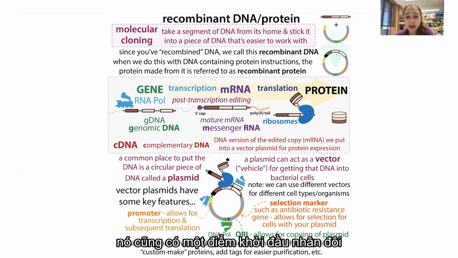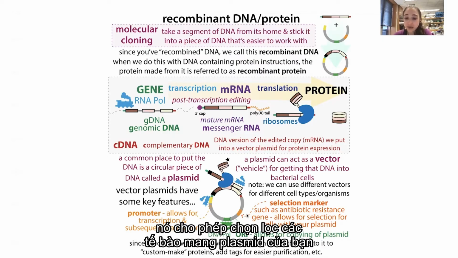It's also going to have an origin of replication so that DNA polymerase can make copies of it. So it's not going to integrate with the host; a plasmid basically replicates outside of the host DNA. And then this really important thing that we'll talk about is the selection marker, such as an antibiotic resistance gene, that's going to allow for selection of the cells with your plasmid.